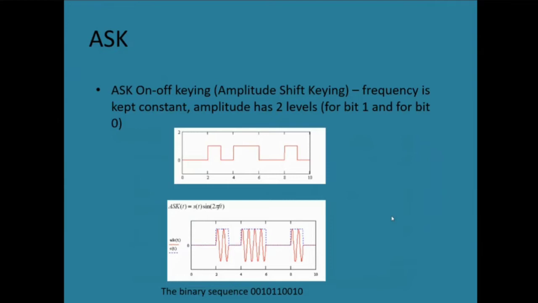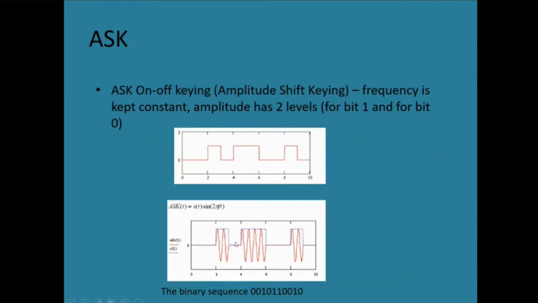First one, ASK, amplitude shift keying, which is otherwise known as on-off keying. Here only the amplitude is varied, and the frequency is kept constant. Amplitude has two levels, for bit 1 and for bit 0. For the ASK output, for binary digit 1, it allows the carrier signal, with some amplitude value.